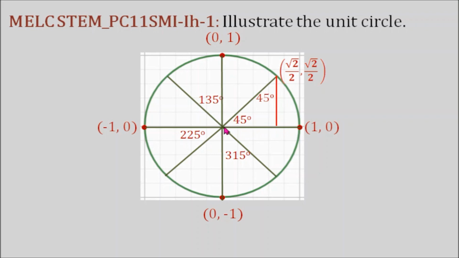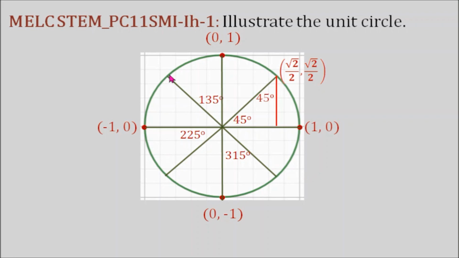So this means this side here measures square root of 2 over 2, and this side also here measures square root of 2 over 2. So these coordinates here will help us determine the coordinates of the terminal points here, here, and here.